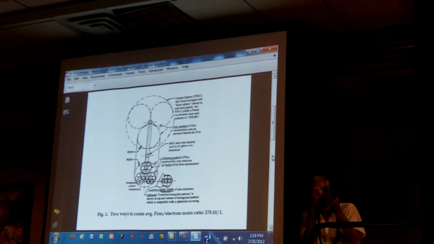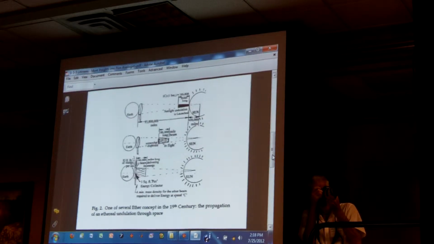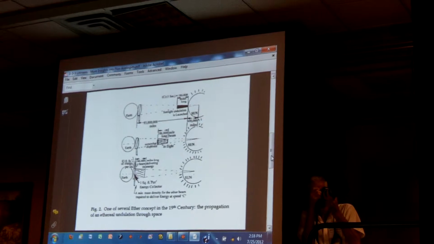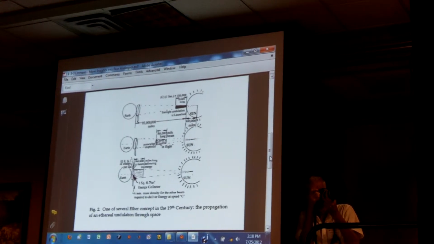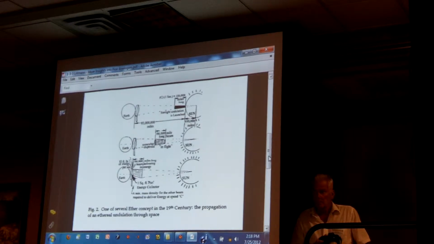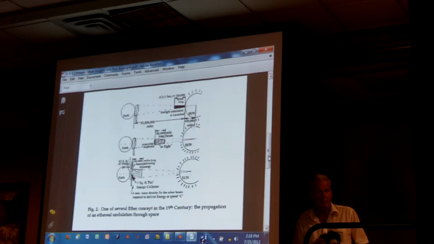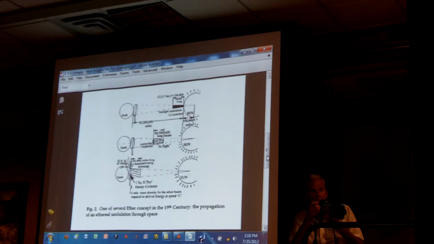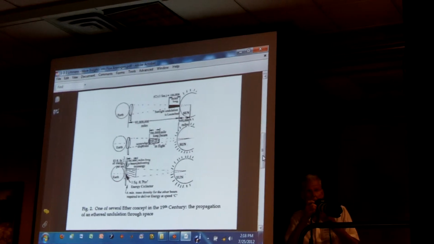In 1854, Lord Kelvin calculated his minimum density estimate for ether near the Earth. In today's commonly used units, his ether density comes out 10 to the minus 19 kilograms per cubic meter. His creative estimate was nicely noted by Maxwell and Tate, among others.